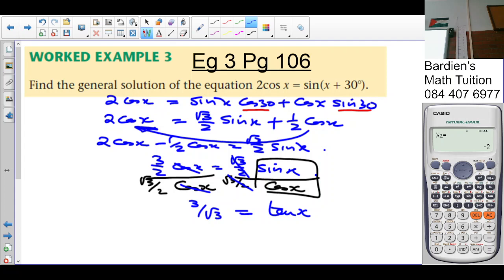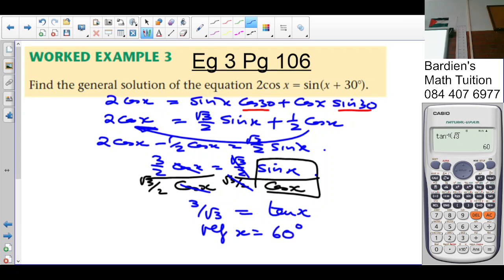Which is again a special angle. I think it's 30 or 60. Should be one of the two. So arctan of root 3 is going to give you 60. So your reference angle here is going to be 60 degrees.